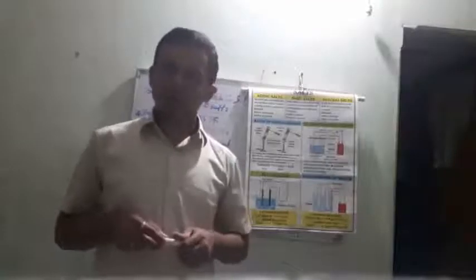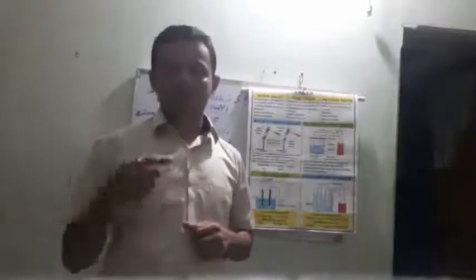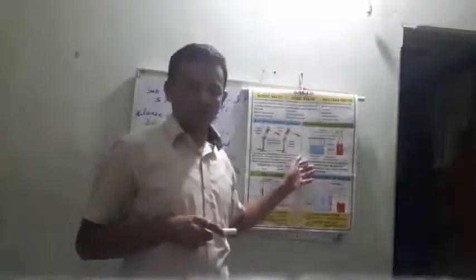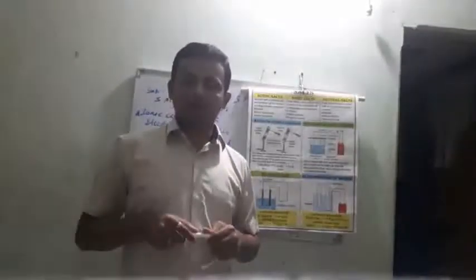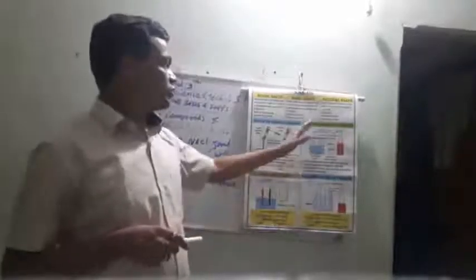So in this way we have seen this activity. You have to complete the given table in your notebook. This is our first point, ionic compounds and electrical conductivity.